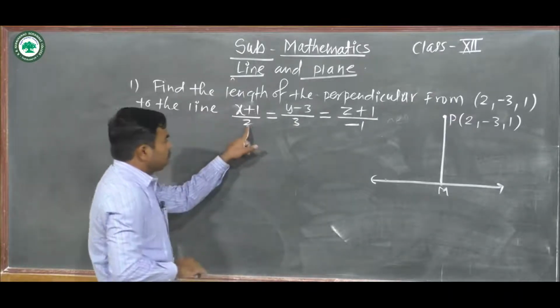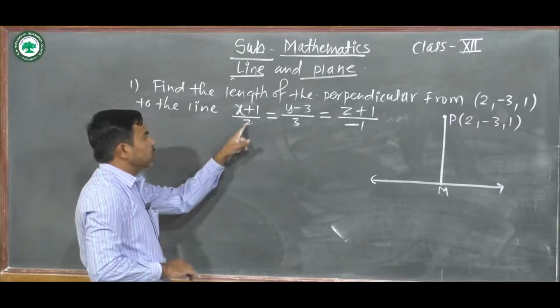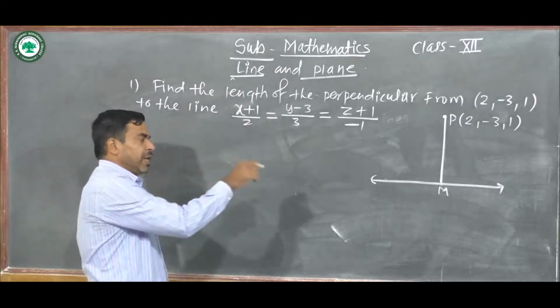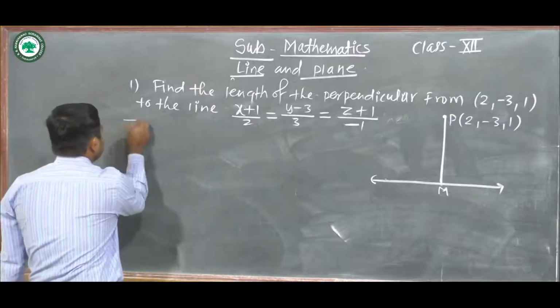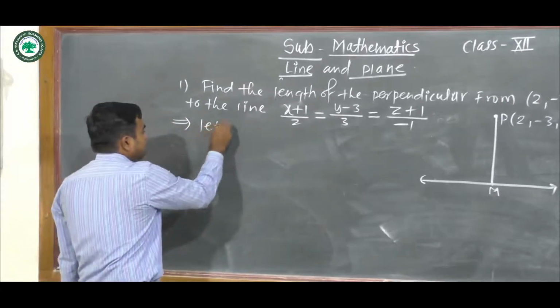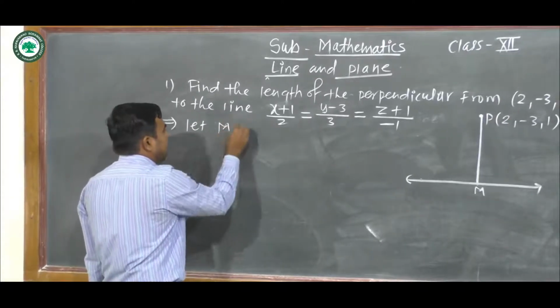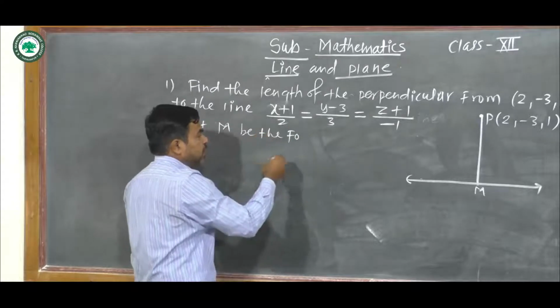Now, as the equation of line is in Cartesian form, the direction ratios of this line are 2, 3, minus 1. Let capital M be the foot of the perpendicular. The alternative method is this one.